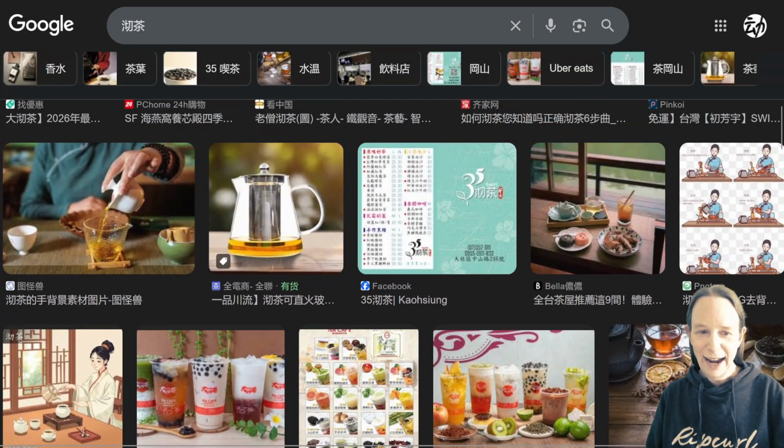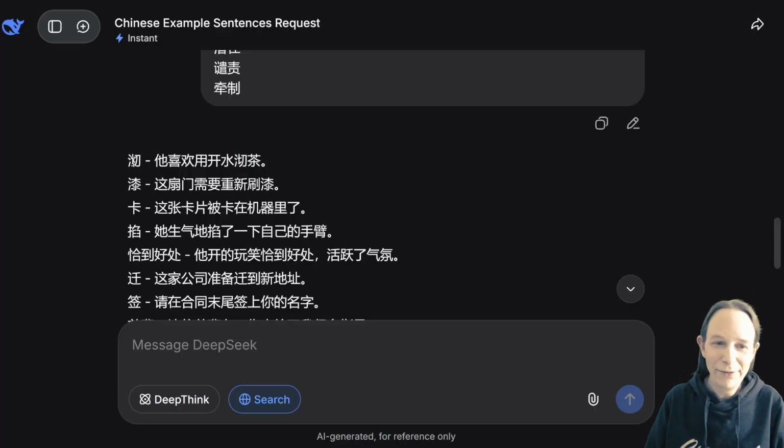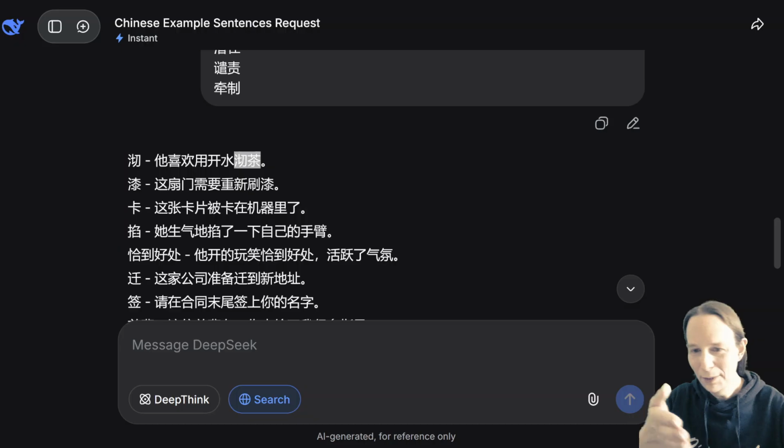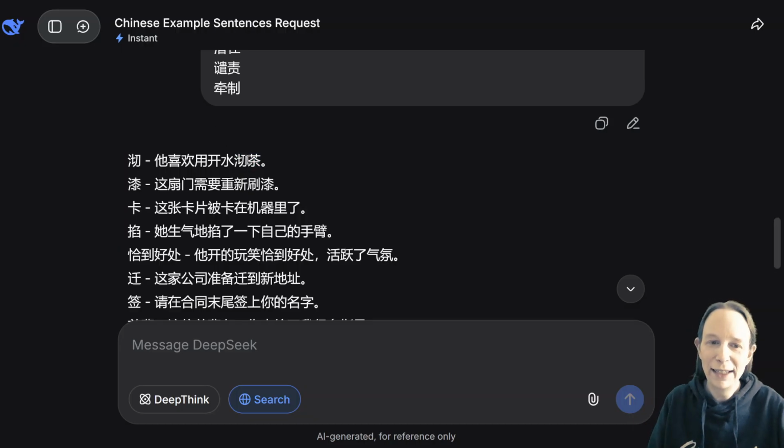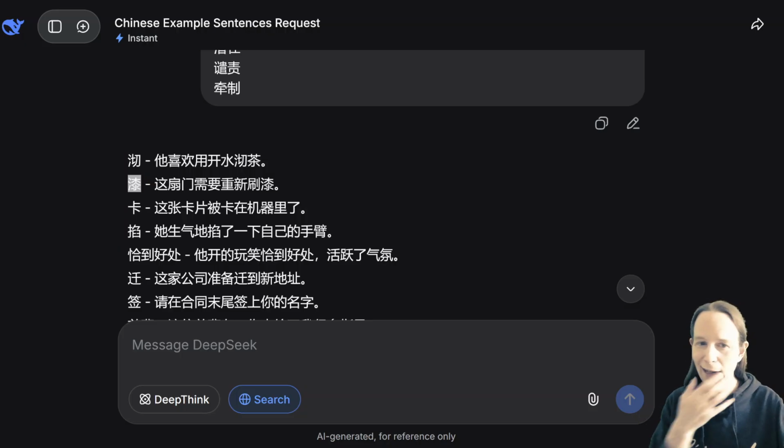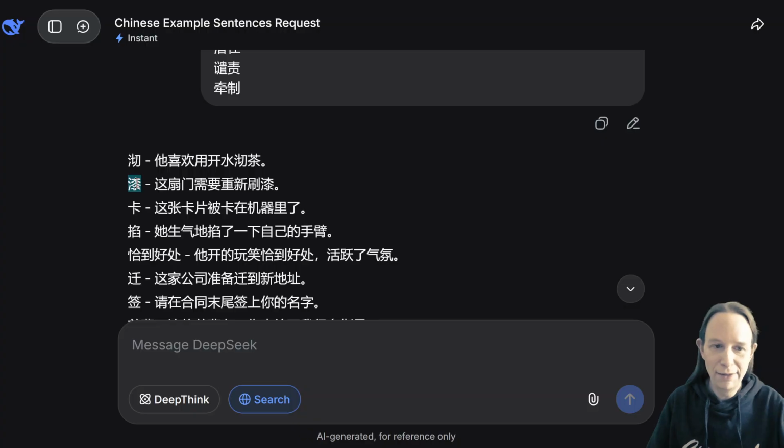Honestly, I don't think I even care all that much. Like, it's very specific at this point. Yeah, it's a verb. It's almost like this is a separable verb, really. Qi cha. Yeah, qi bei cha, etc., etc. Anyway, qi. Yeah, so qi is a kind of paint, kind of like lacquer or shellac, something like this.